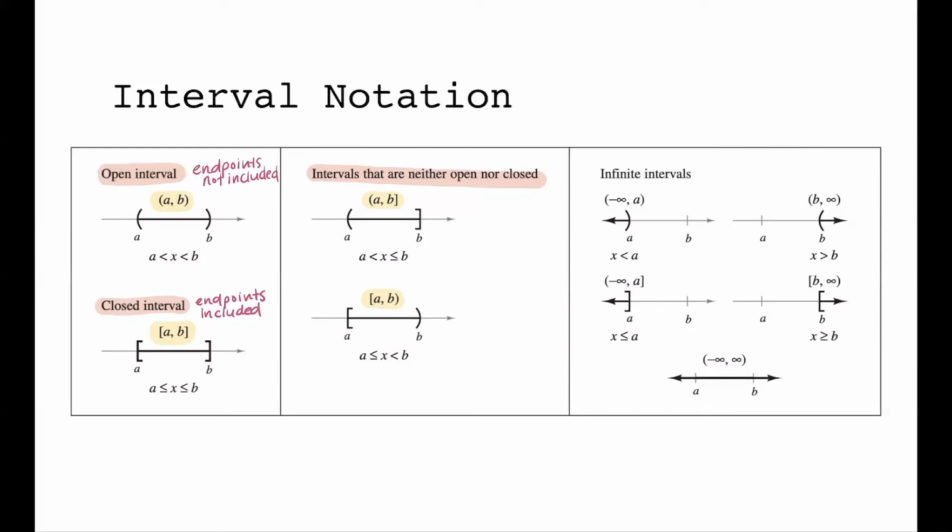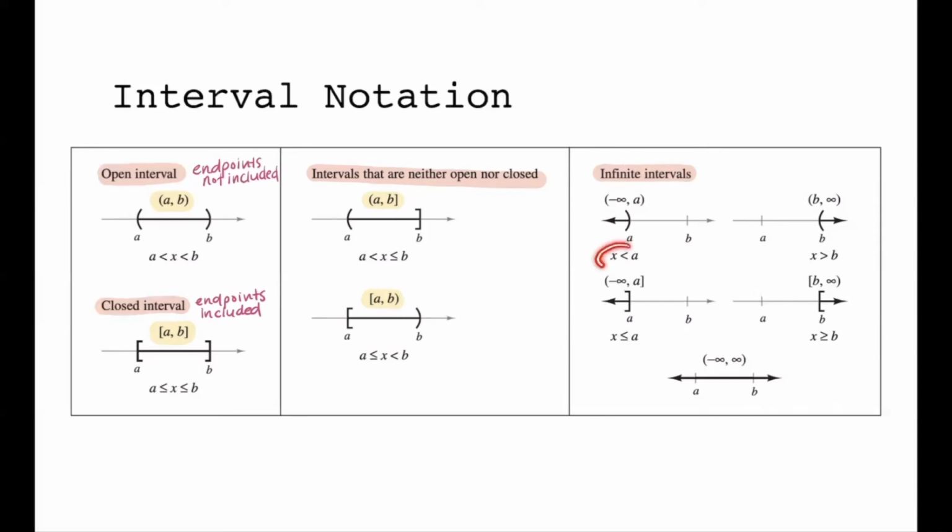The last type of interval is called an infinite interval, and this is when we just want to talk about numbers that are bigger than a certain number or numbers that are smaller than a certain number. So these are infinite because sometimes there's no starting and there's no ending. So there are four types of infinite intervals. We could have all numbers that are less than a certain value.